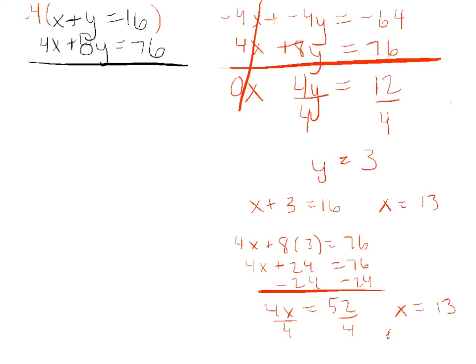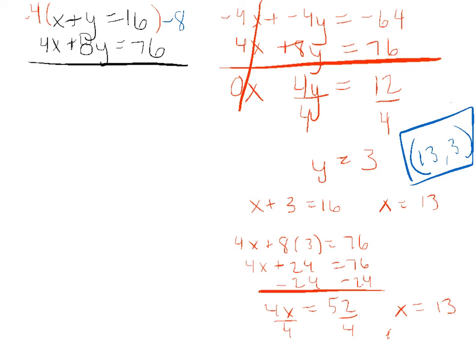So these 2 equations are going to intersect on my graph at the point where x is 13 and y is 3. Now I did not have to choose -4 as my multiplier. I could have chosen to take my first equation and instead multiply it by -8.